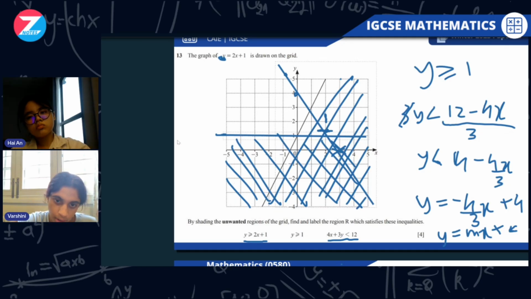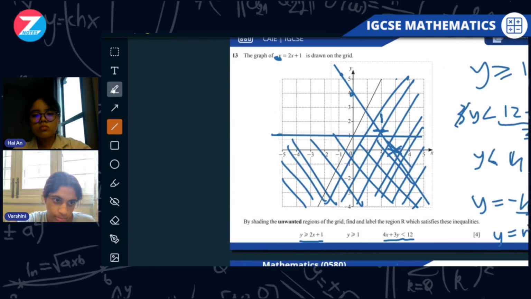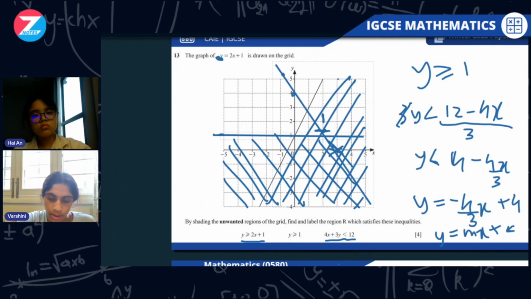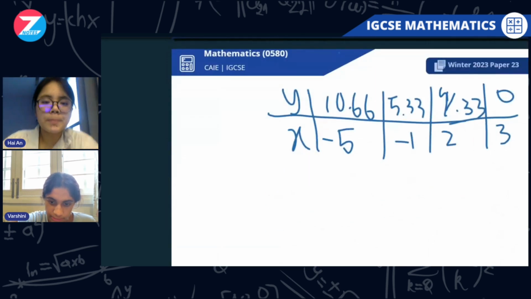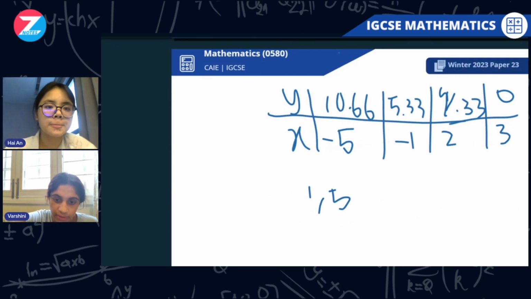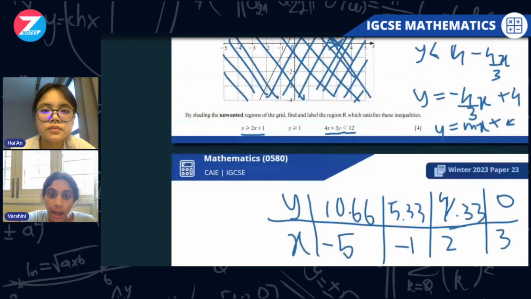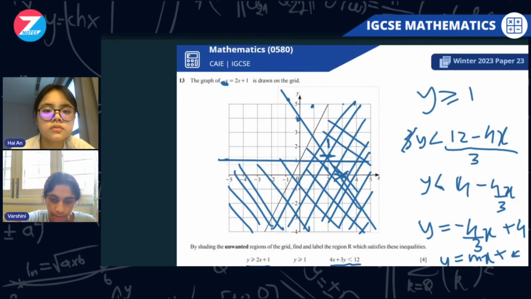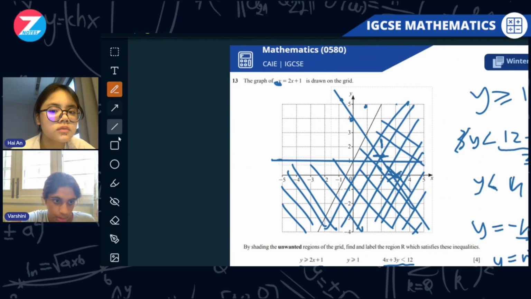And so remember, now let's find what part of the line we want. We know that we don't want anything on this side. Now if we take any point on either side of the line, we could take this point 1 comma 5. Let's substitute in our values. And also when we draw this line, it's not going to be a straight line.